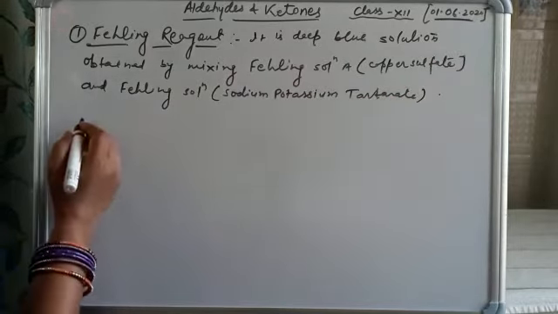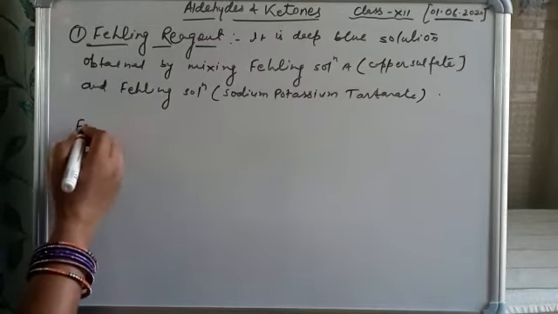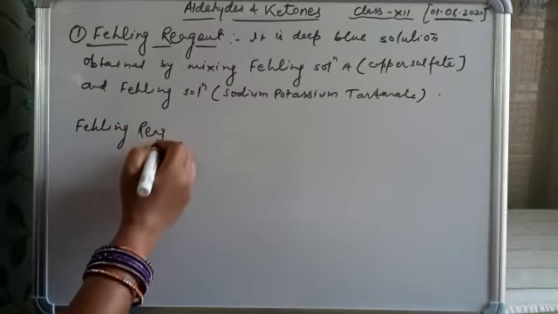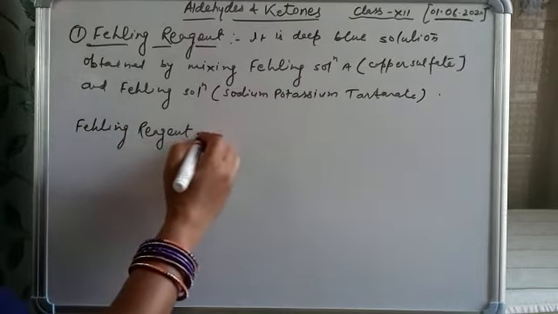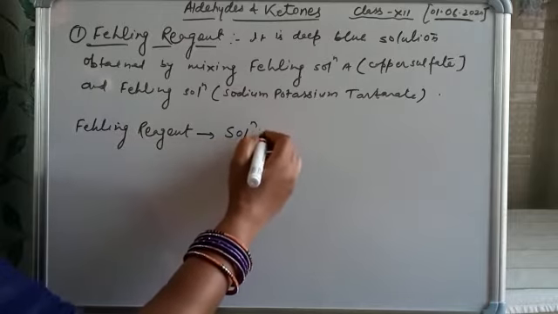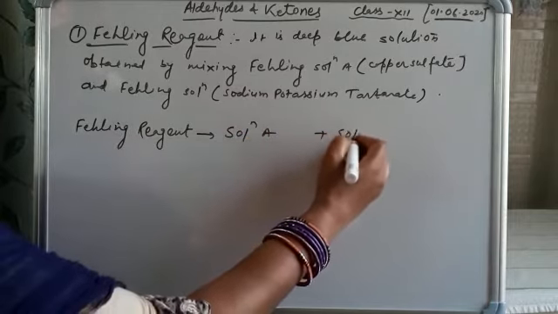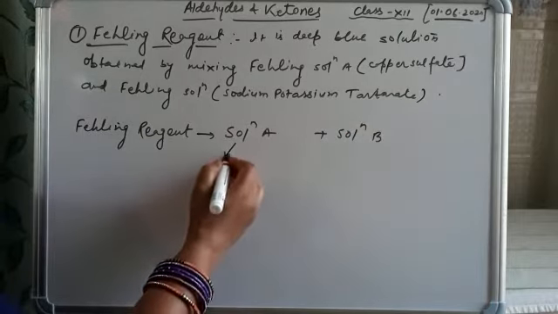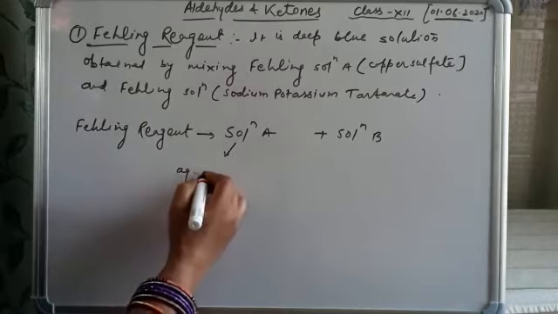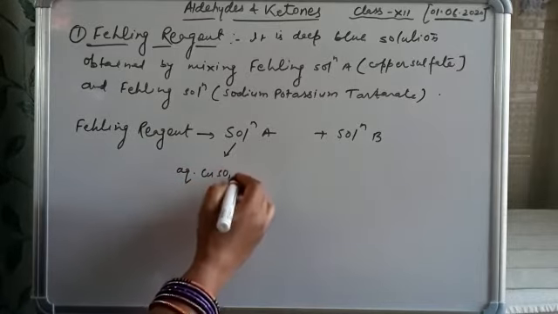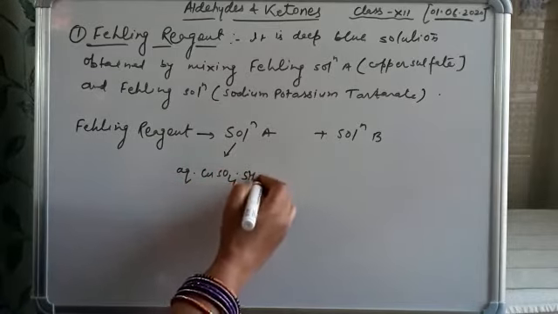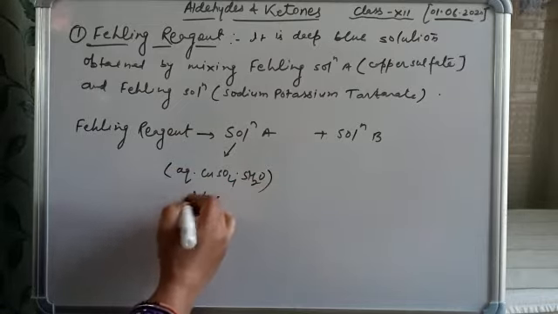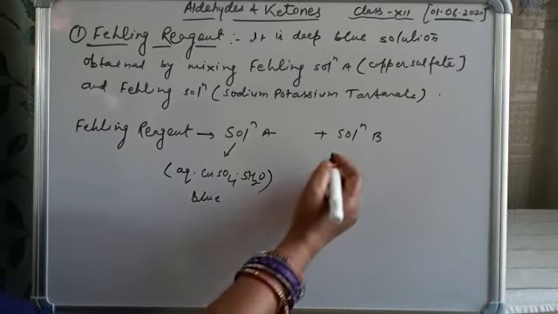Let's see in a nutshell. Fehling reagent is solution A plus solution B. Solution A contains aqueous copper sulfate, and we already know the color of copper sulfate crystal is blue.